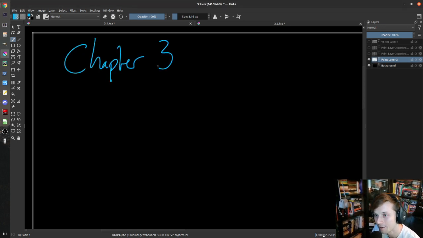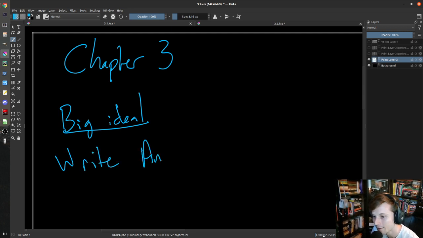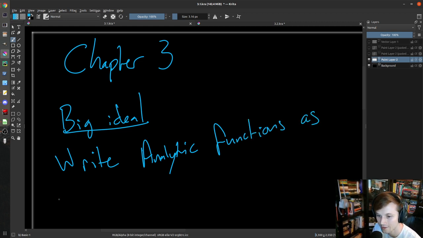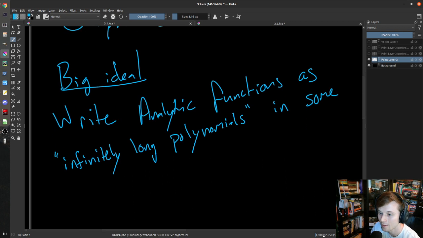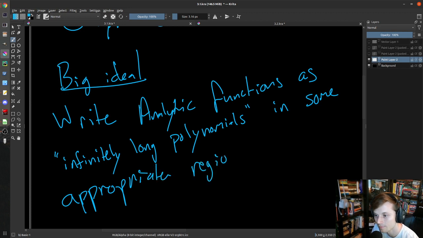Chapter 3 is all about the big idea, which is to write analytic functions as, I'll put it in quotes, infinitely long polynomials, basically, in some appropriate region where this makes sense.